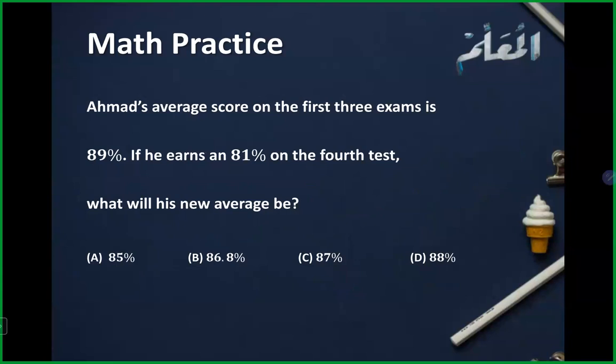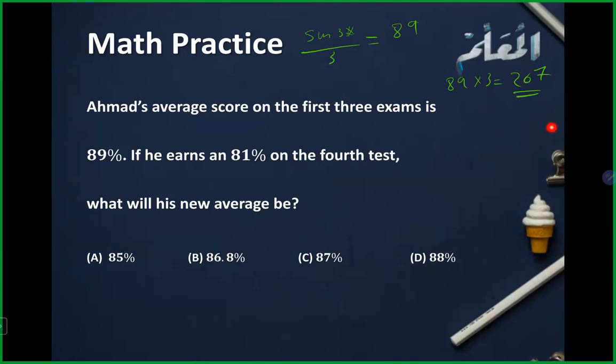Ahmed average score on the first 3 exams is 89% and earns an 81% on the fourth test. What will be the new average? So أنا بعرف إنه the sum of 3 امتحانات over 3 is equal 89. طيب أول شيء خليني أجيب السم. يعني أنا عشان أحل السؤال لازم أجيب السم. So 89 times 3, how much? 267.